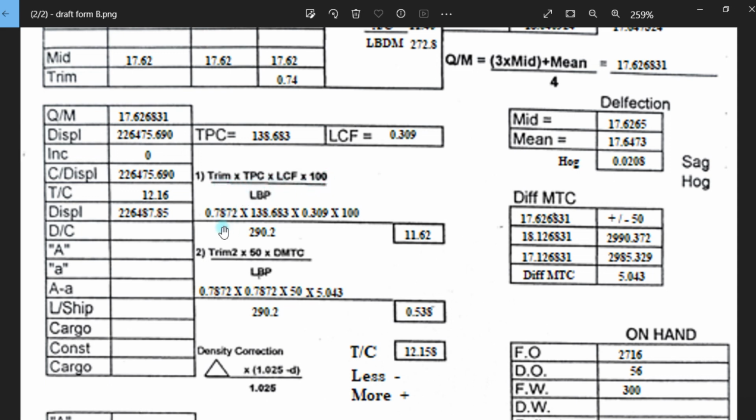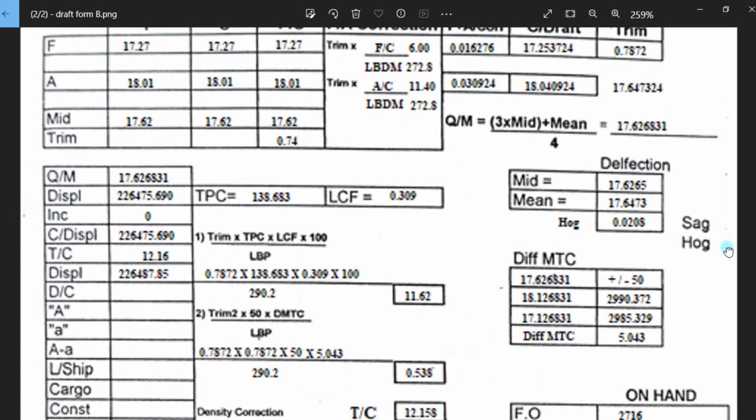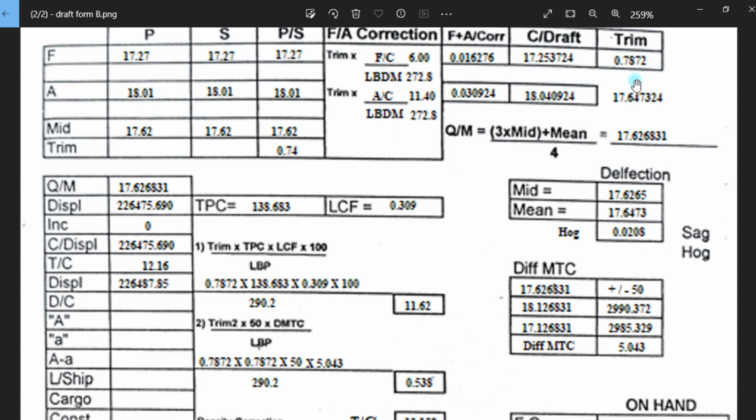So your trim will be 0.7872 times your TPC of 138.683, which is this one, and LCF is 0.309, which is this one, times 100 over your LBP of 290, the result will be 11.62.